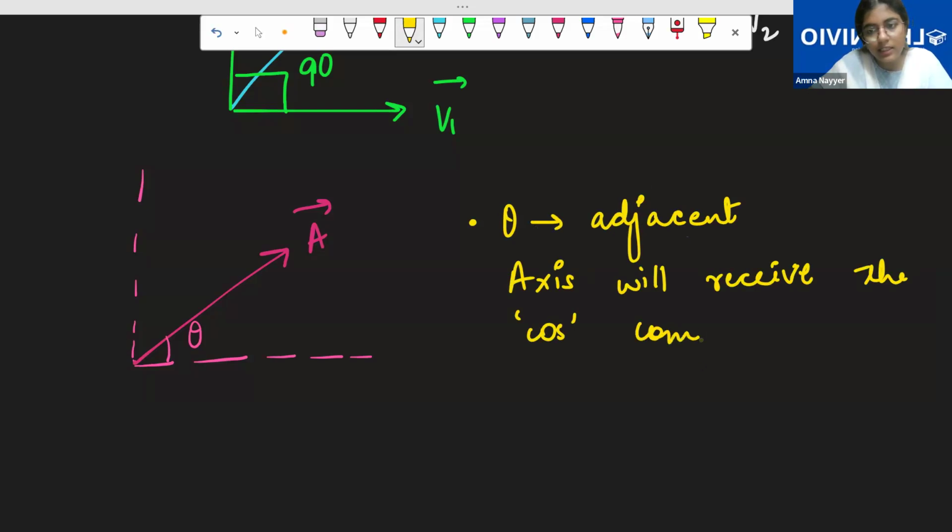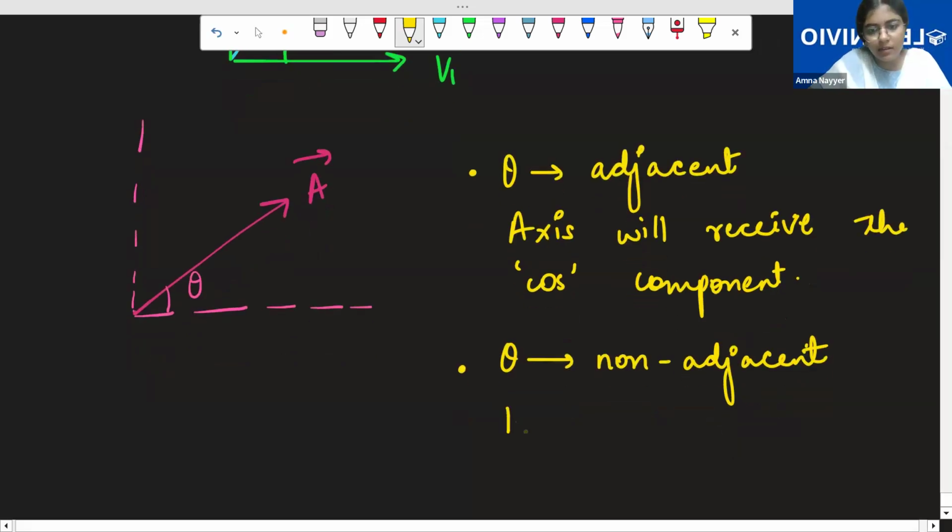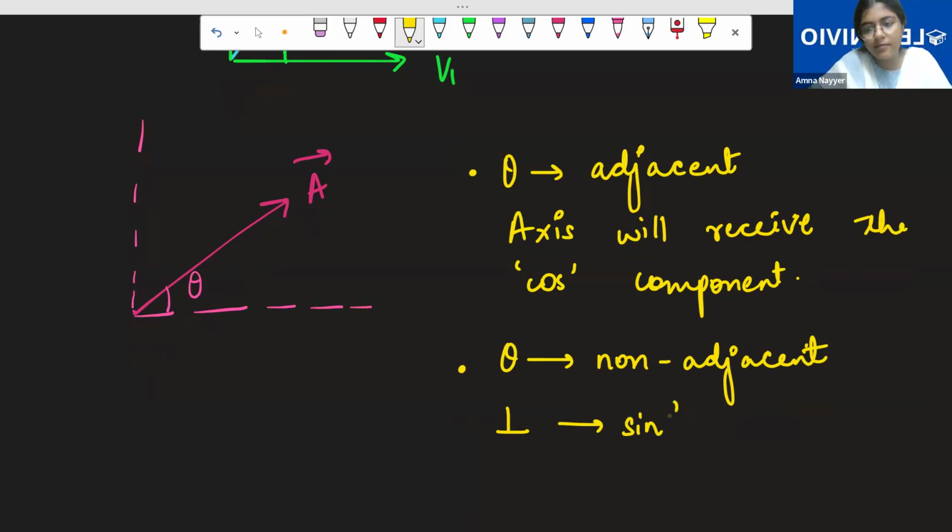And the non-adjacent one, non-adjacent means the other perpendicular one, will receive the sine component. This is the rule.